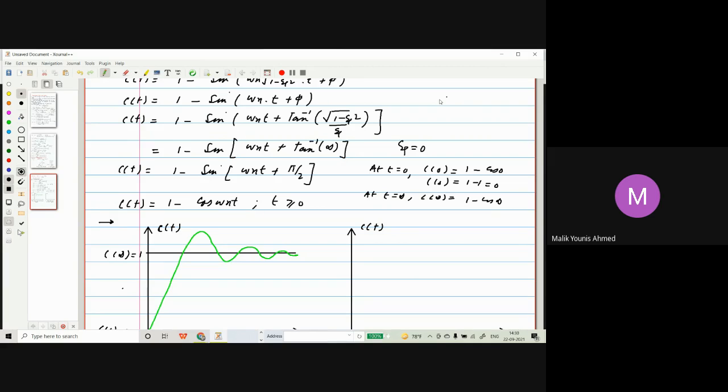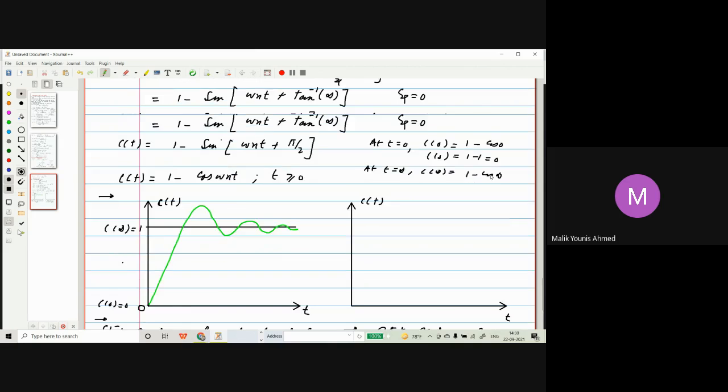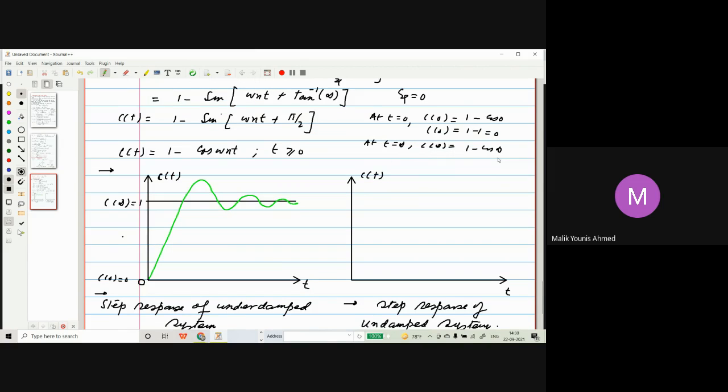C of 0 is 0. C of infinity, I think we are going to get sinusoidal oscillations. Here this is omega. This will be again a sinusoidal curve. I'm not exactly getting what the value of infinity should be here.